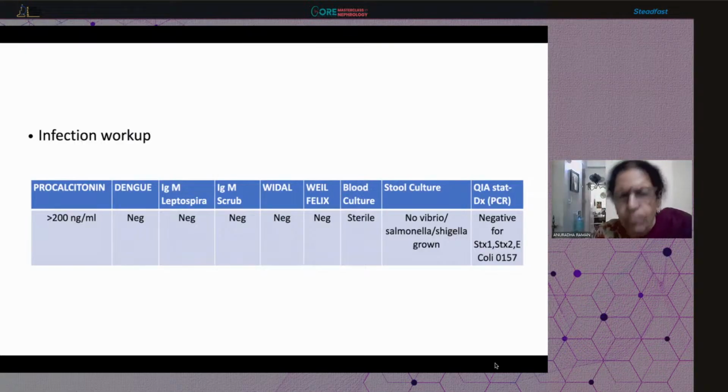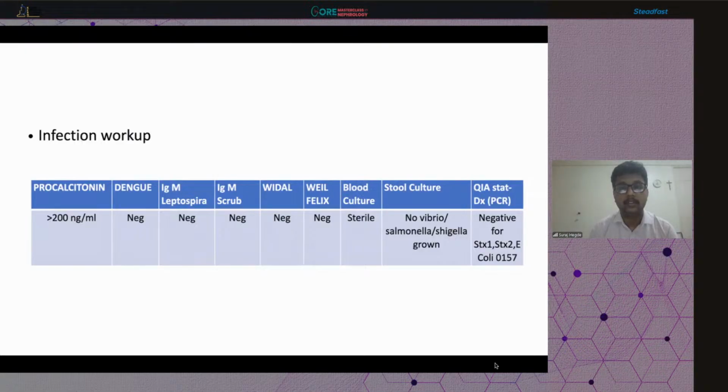But with the coagulogram being normal, DIC is unlikely. But she is having some element of sepsis, because procalcitonin is significantly elevated, more than 200 nanogram per ml. However, the routine workup for tropical fever and even cultures were negative.